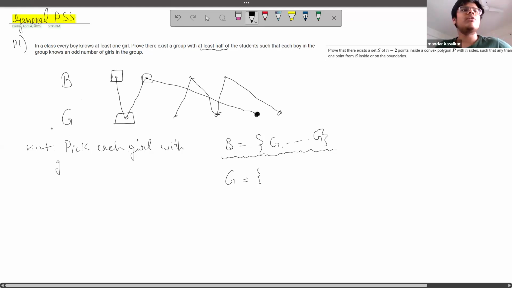The event is that she is in the set. We have to consider this group. The probability that the girl is in the set is half.